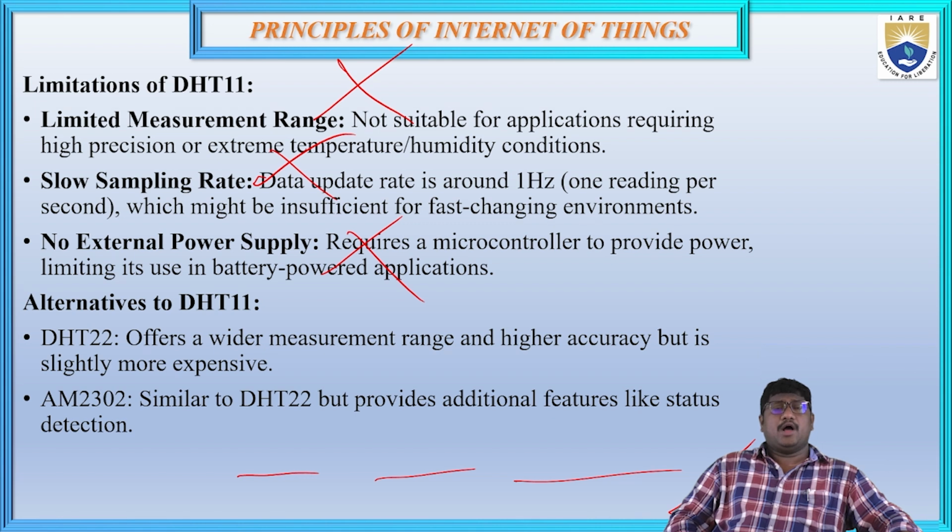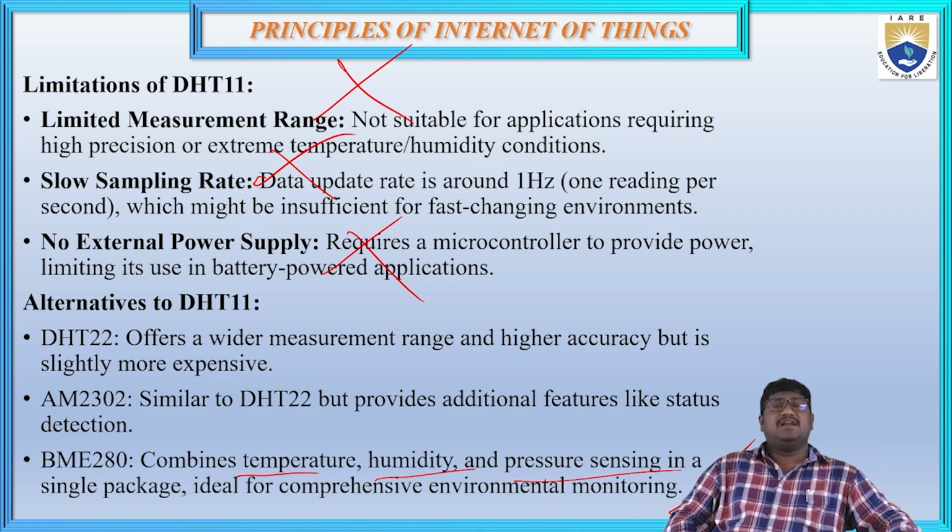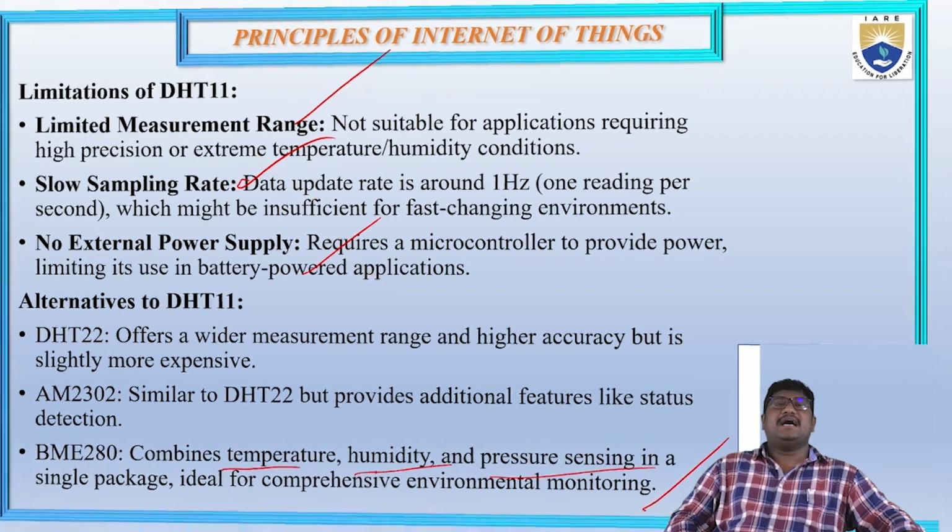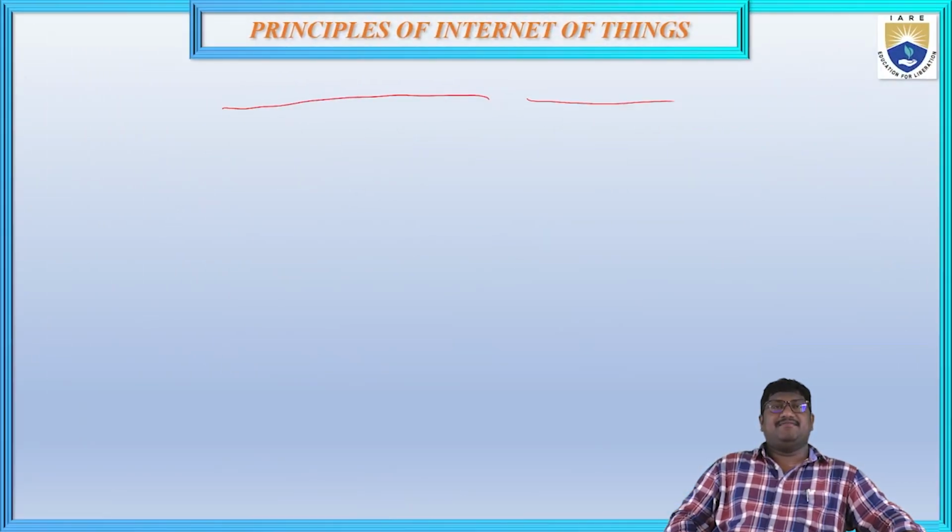And another is AM2302, which is similar to DHT22, but it is going to provide additional features. And along with that, BME280, which is a combination of temperature, humidity, and pressure sensing. These three come in a single package, which is ideal for comprehensive environmental monitoring. These are the alternatives for the DHT11 sensor.